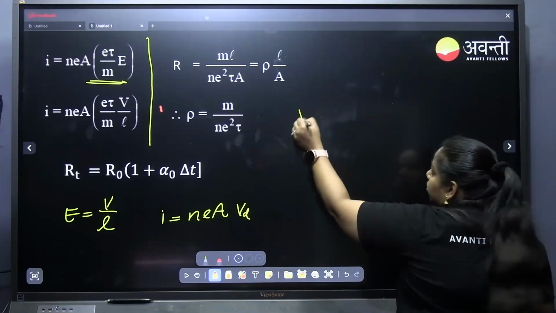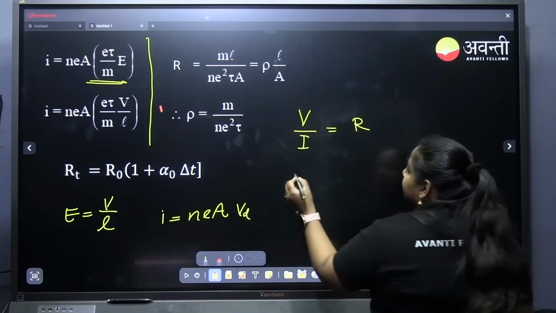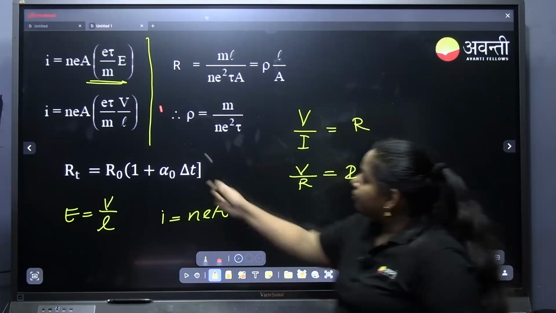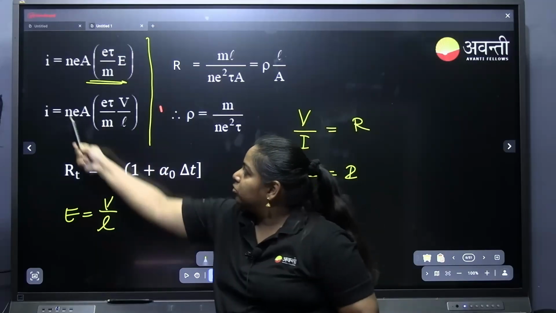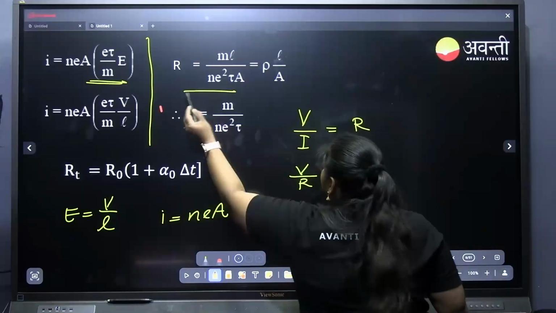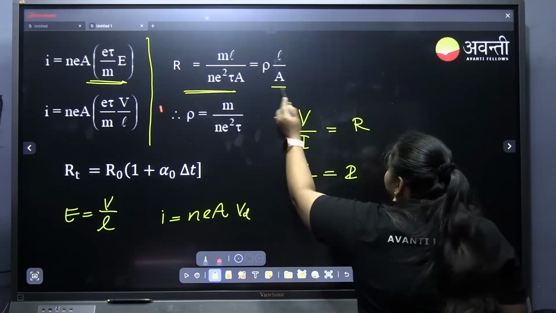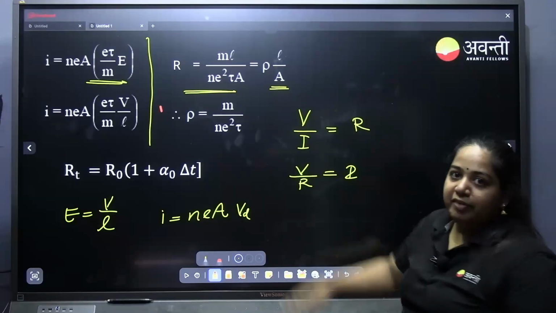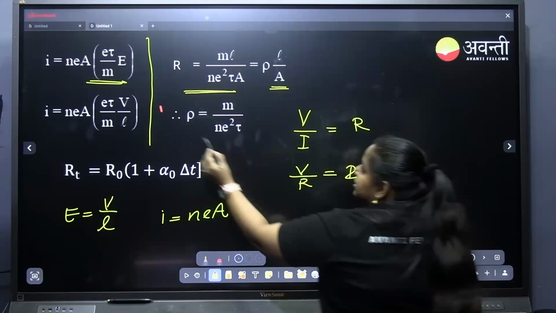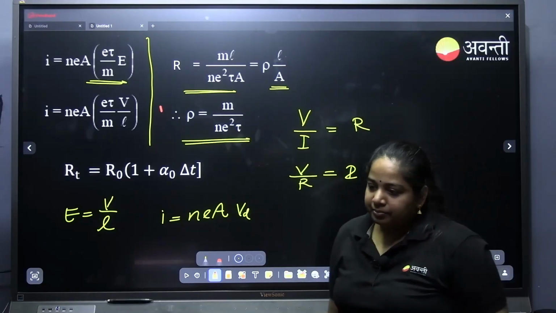What is Ohm's law? V by I equal to R, or V by R equal to I. So in comparison, V is here, I is here, and everything else combined will make R. So from that we are getting R equal to this. And for R we have another equation, that is rho L by A. When we compare L, L, A, the rest of these things will be the resistivity rho. Is that clear for all? How the formula is coming?